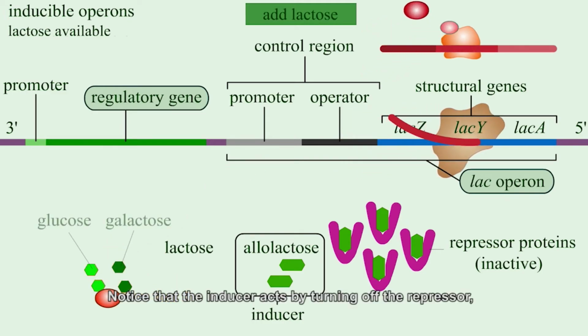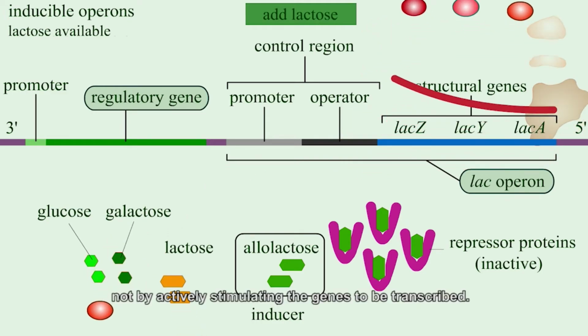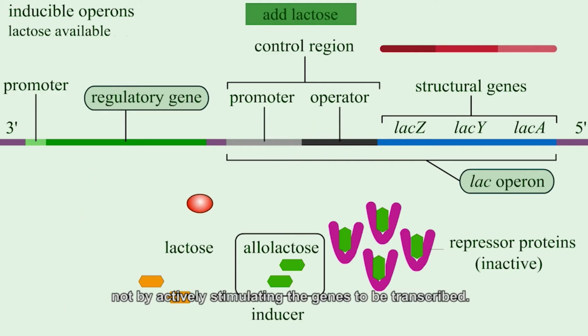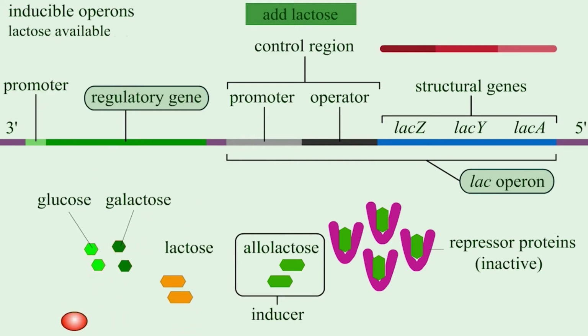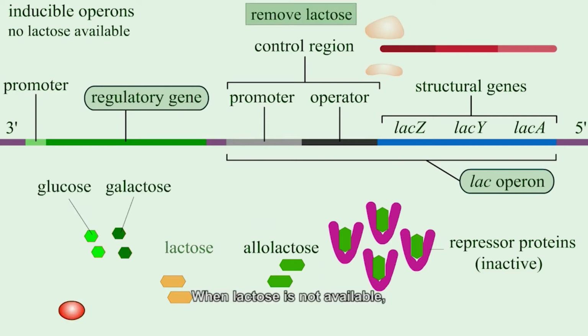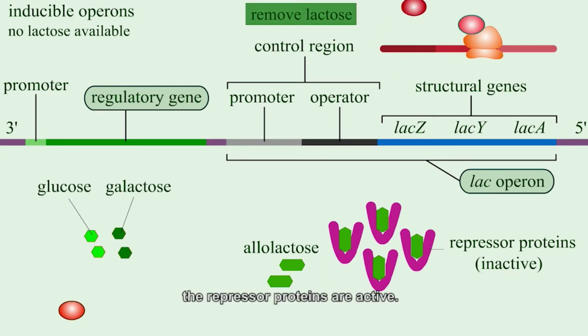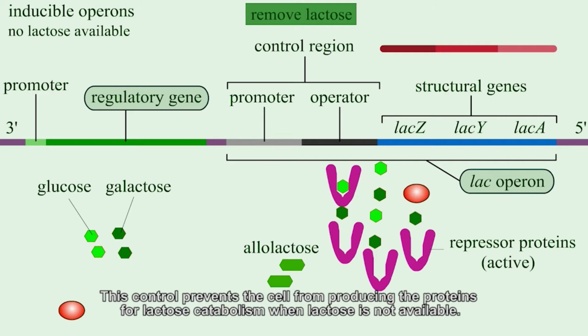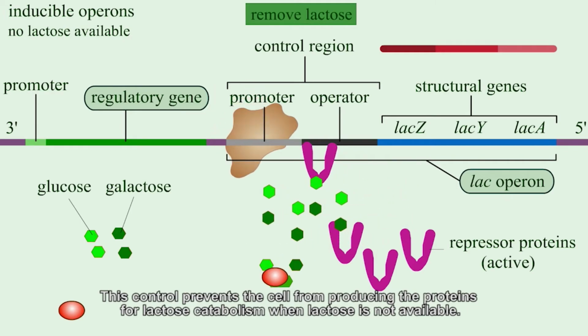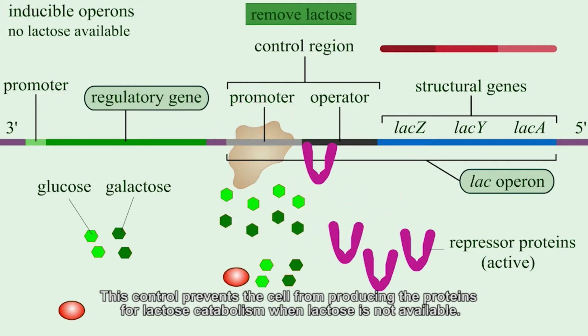Notice that the inducer acts by turning off the repressor, not by actively stimulating the genes to be transcribed. When lactose is not available, the repressor proteins are active. The structural genes of the lac operon are not transcribed. This control prevents the cell from producing the proteins for lactose catabolism when lactose is not available.